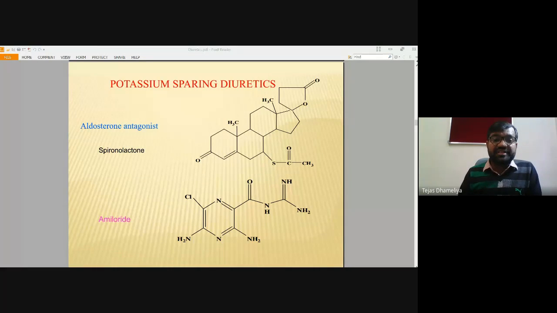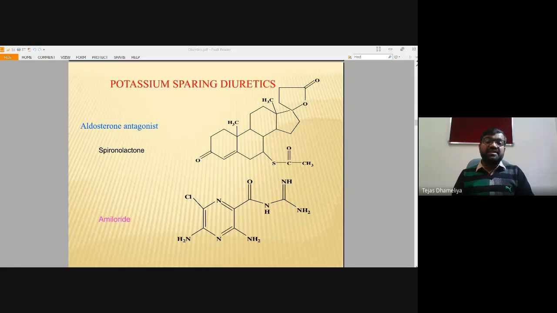Once this aldosterone is released, it will decrease urination. Okay, so that way it will act through some other mechanism. I will not go into the depth of how aldosterone reacts or gives its mode of action.